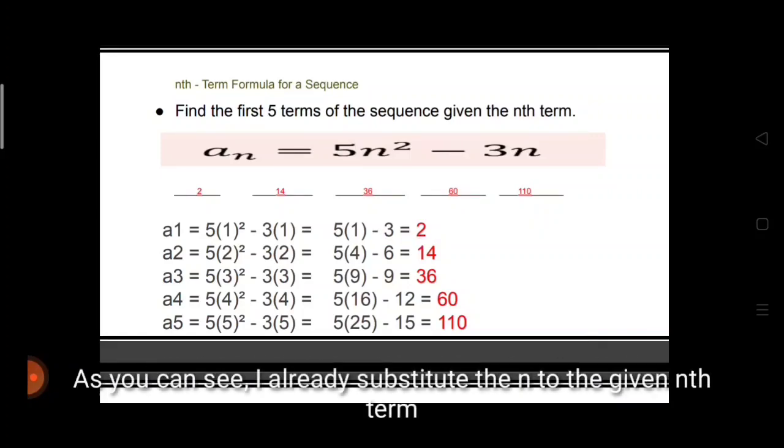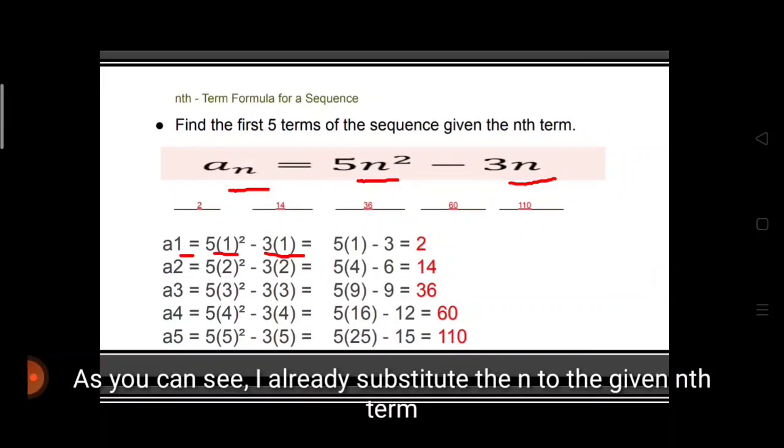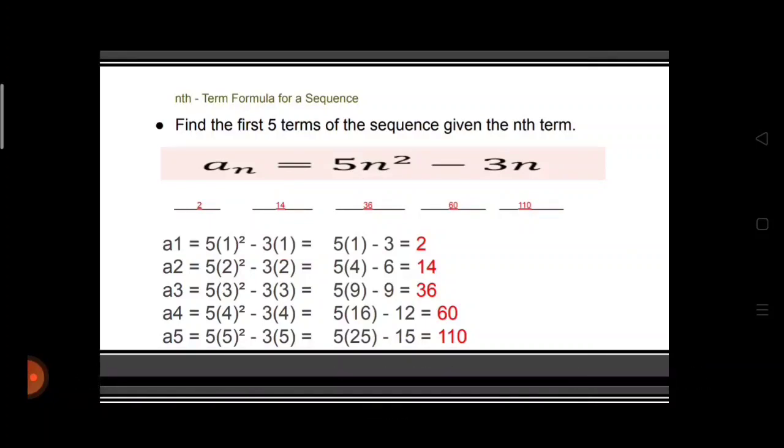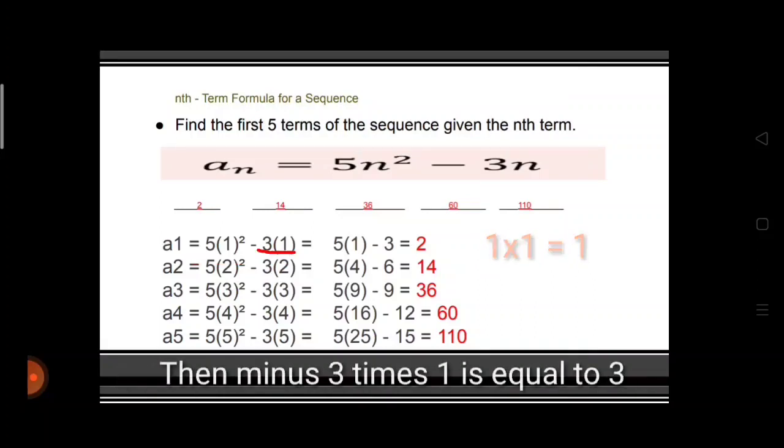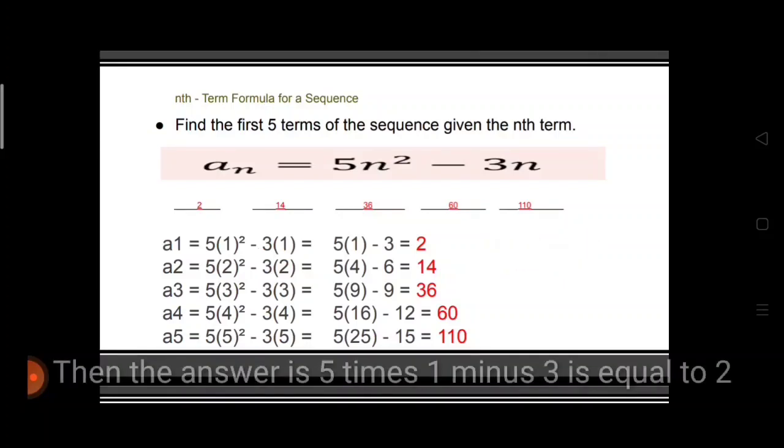As you can see, I already substituted n into the given formula: 5 times 1 squared, 1 times 1 is 1. Then minus 3 times 1 is 3. The answer is 5 times 1 minus 3, which is equal to 2.